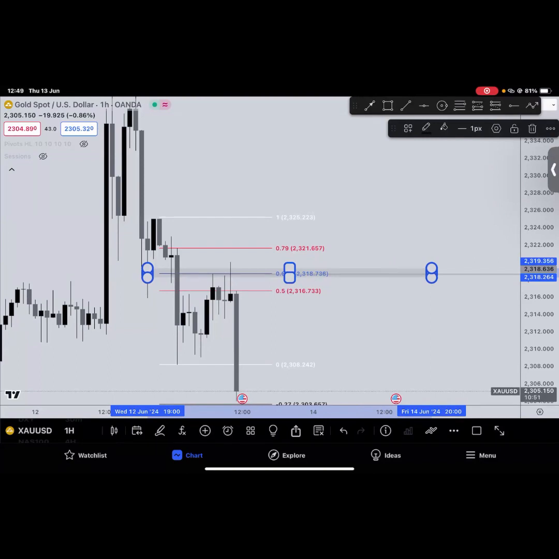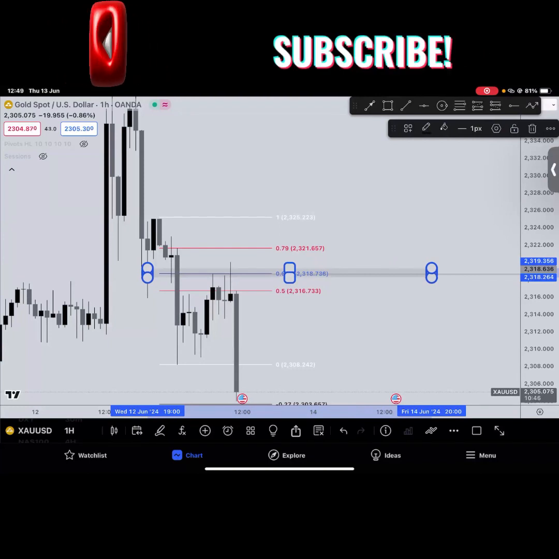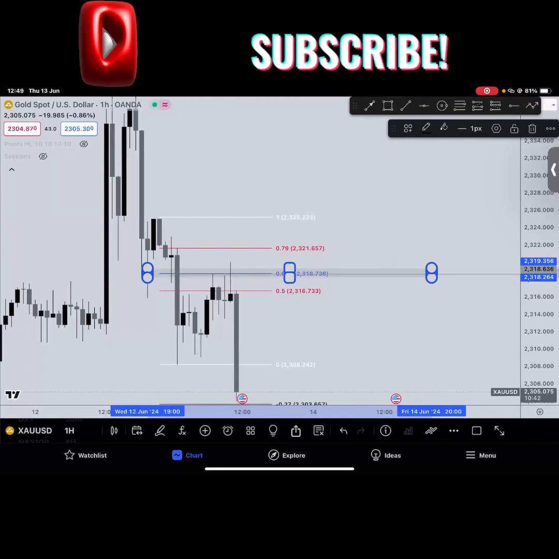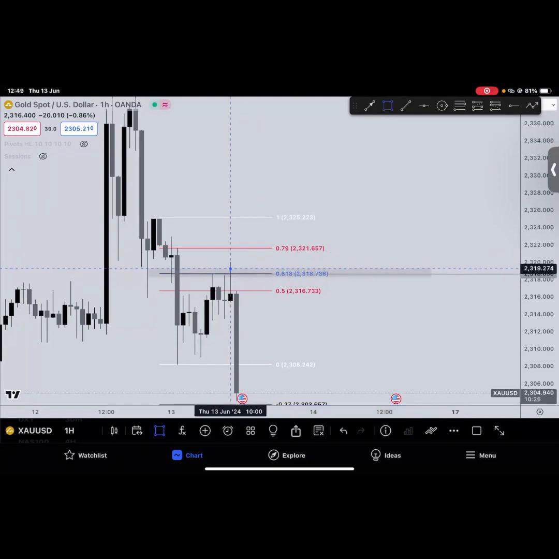How do you know that there is a weak rejection? The candlestick will look as if it has broken past your zone, only for it to come back inside and close inside your zone, leaving a weak rejection above your zone. So that's how you know that this is a weak rejection.